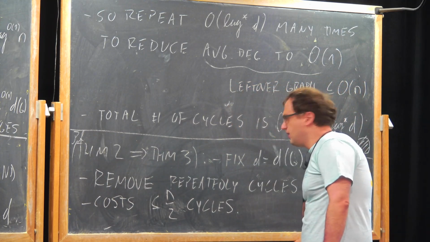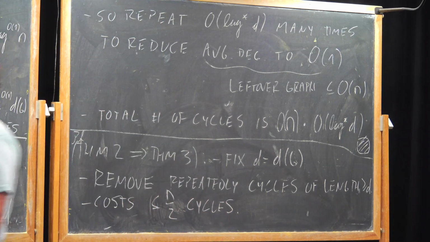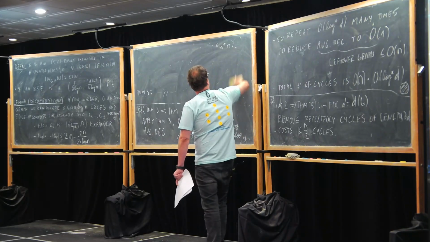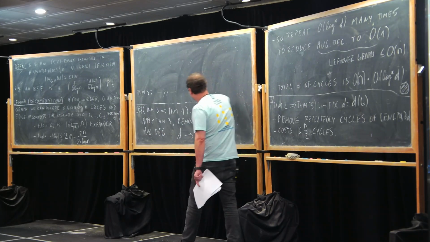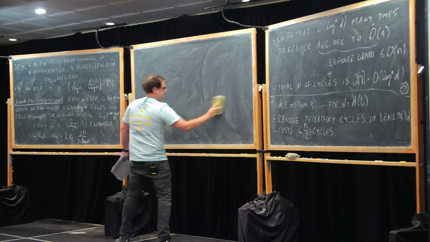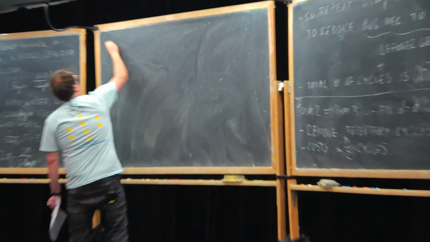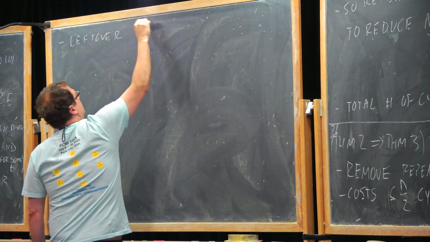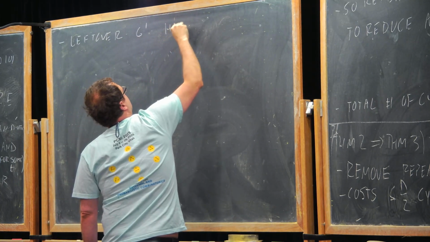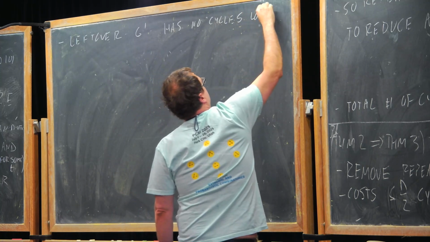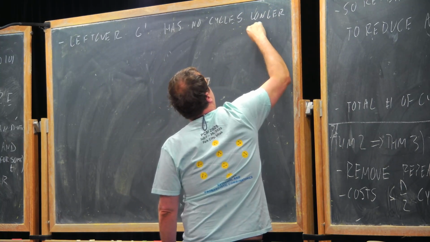So let's now apply our decomposition lemma to it, and actually let's apply the perfect one. So s equals 0. So let me say here, the leftover graph G prime has no cycles longer than d.